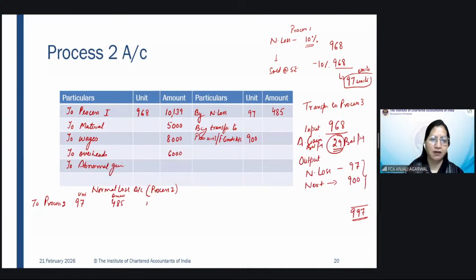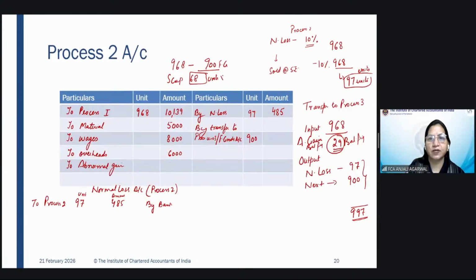But again, we are not able to sell 97 units. If out of 968, 900 units are moving to finished goods account, then scrap is only 68 units, not 97.